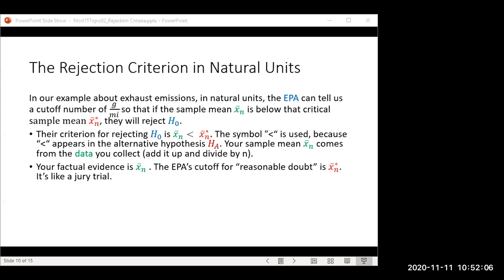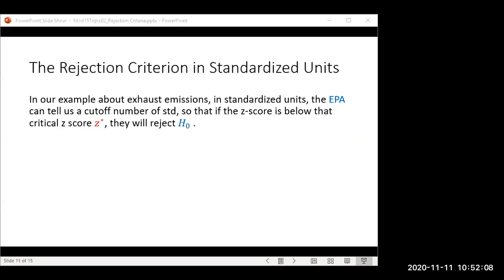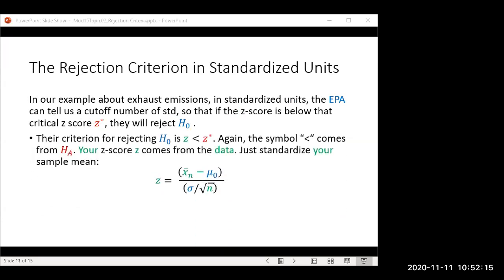The one with the star, the red one, that's the z-star in standardized units. You'll reject their null hypothesis if the z-score from your data is less than the z-star that they set up as the criterion.